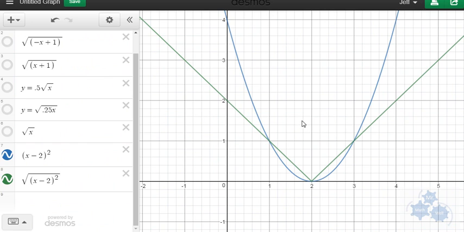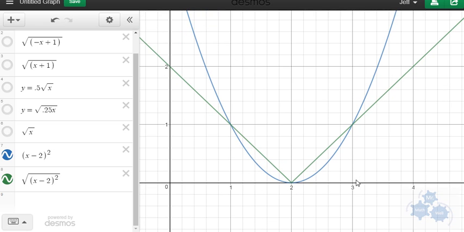Okay, but now let's just check something out here. Notice, if I zoom in here, just to these important points, 1 and 0 are the same. 1 and 0 are the same. And this is a bit of a strange case here. I will admit, but it's only because this is all squared and then square root.